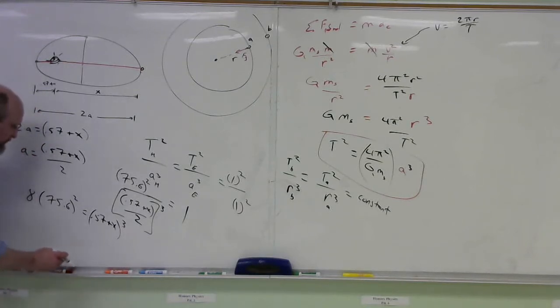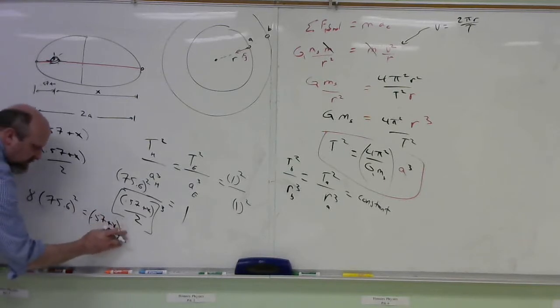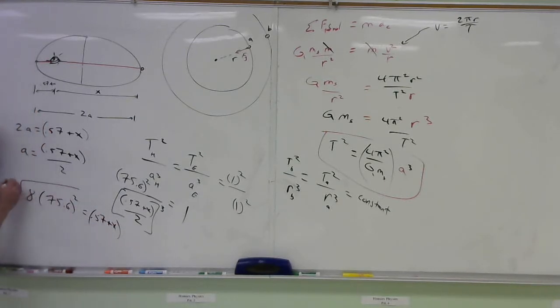So let me solve this and then take a cube root. I'm going to take a cube root of both sides. There we go. That'll be 0.57 plus x, and then I can subtract 0.57 from that and get x, right? So it's going to be the cube root of 8 times 75.6 squared, minus 0.57. Okay, and that'll be my x in units of AUs.